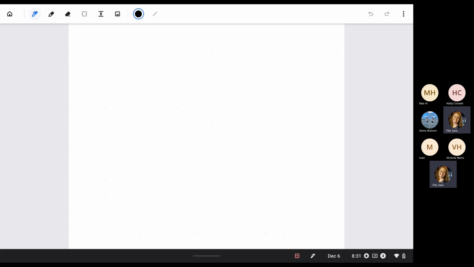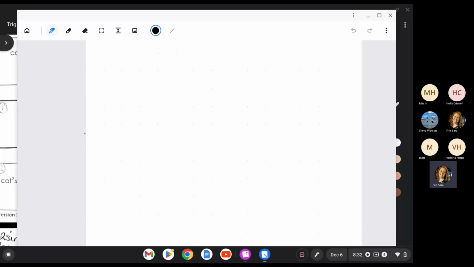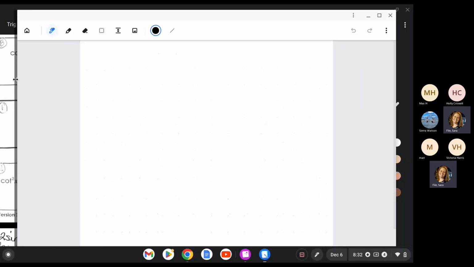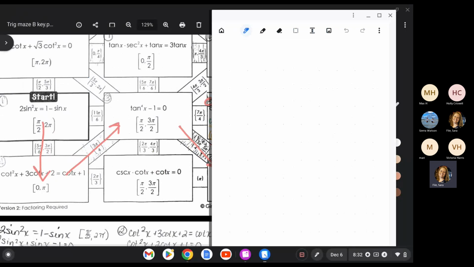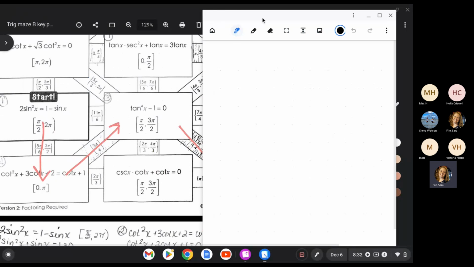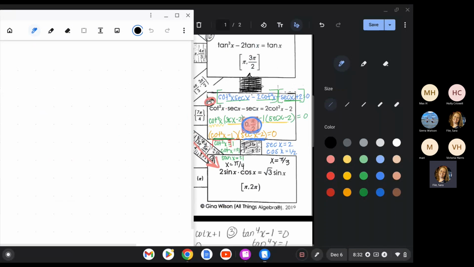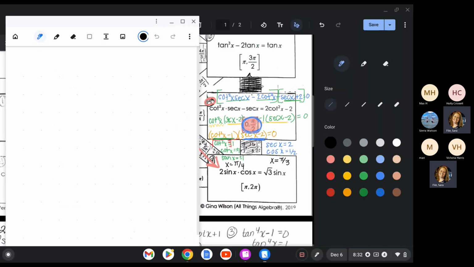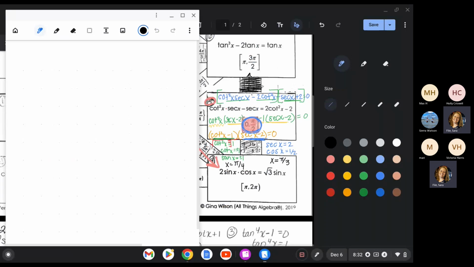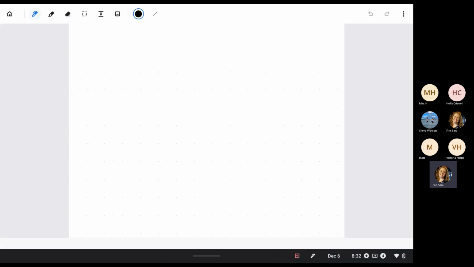So I'm going to wonder if I can split screen this though. Me on half the screen. Yeah, here we go. Okay. All right, so, oh, no, I don't want you to go back to full screen.